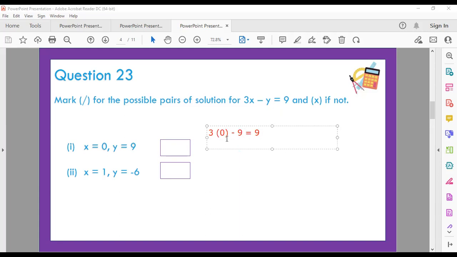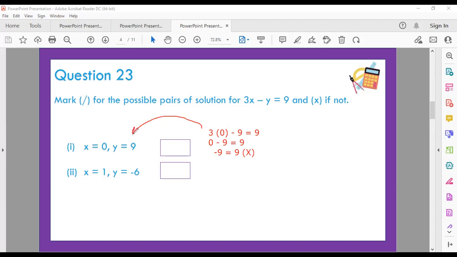Now, if you work out, 3 times 0 is 0. 0 minus 9 is negative 9. Is negative 9 equals to 9? Is this correct? No. So this is when you cross it out. This cannot be a possible pair of solution. Do you understand? Okay, I just did for this first pair.